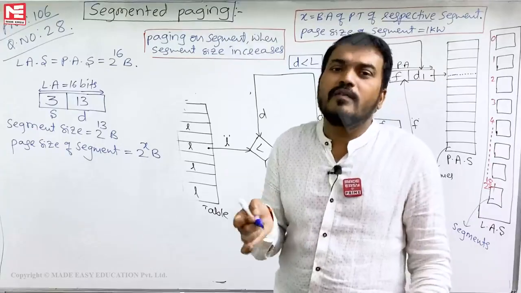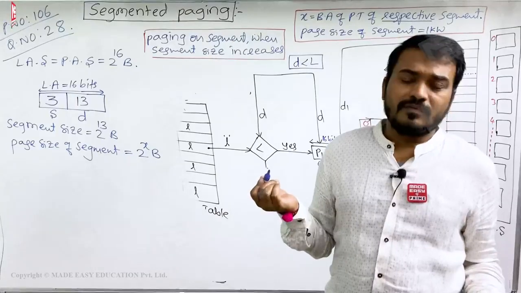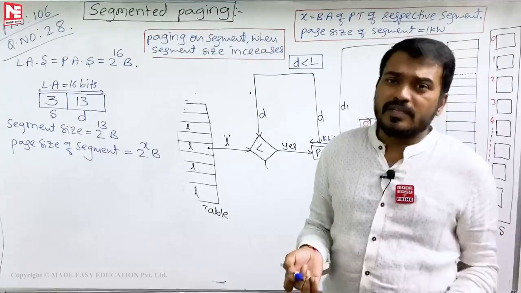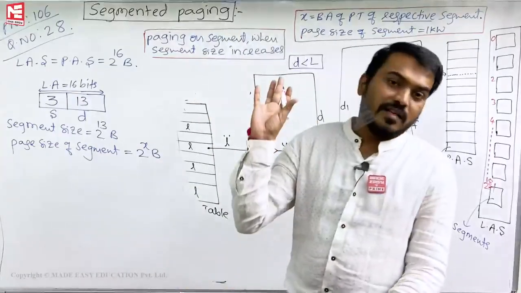So वो page size powers of 2 में है, तो कितना power है पता नहीं है. So simply assuming page size of segment as 2 power x bytes. Is that clear for everyone?